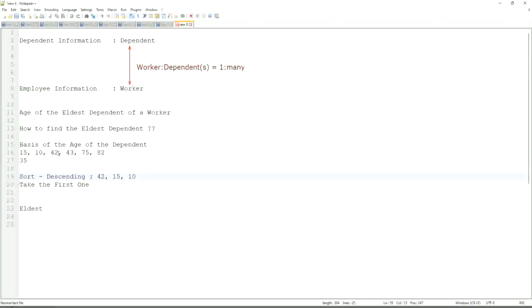Right. Only one problem is if there are multiple dependents with the same age. If there are only children as dependents, and there is a twin the same age, then at that point it becomes difficult, but other than that it is more or less foolproof.